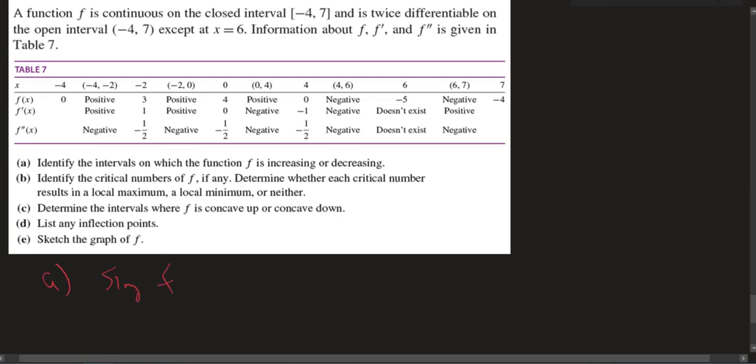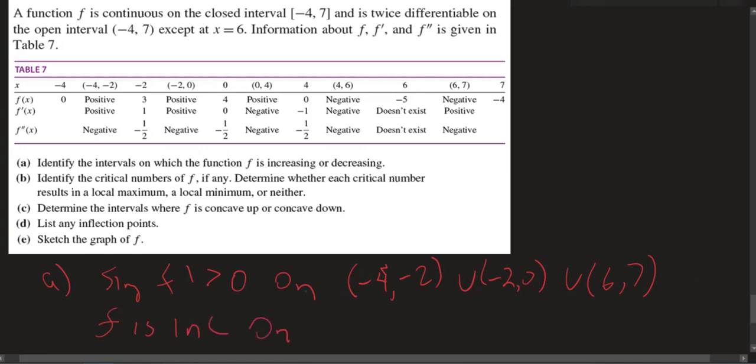Since f prime is greater than 0 on negative 4 to negative 2, negative 2 to 0, and 6 to 7, and f is continuous, f is increasing on negative 4 to 0 and 6 to 7.